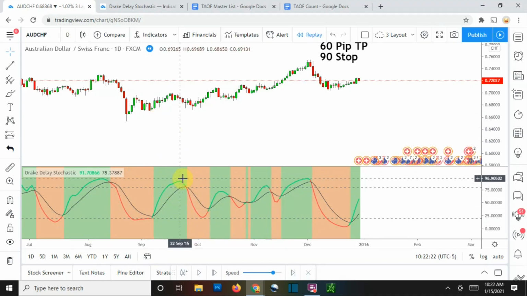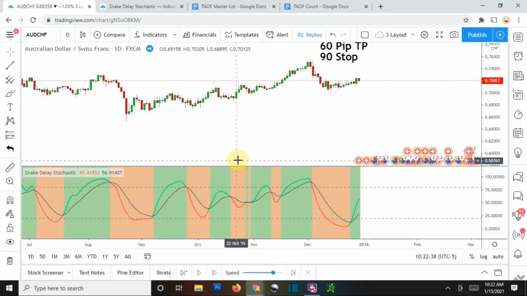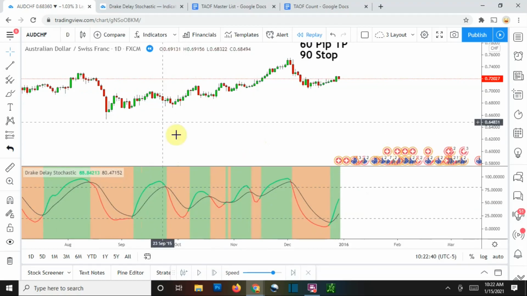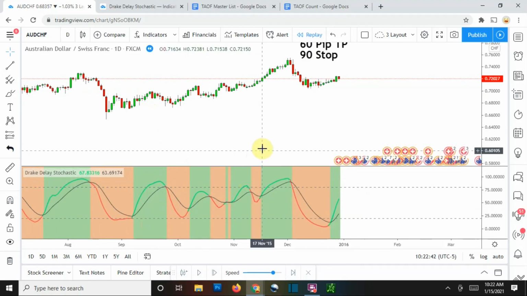So if we were to do it here on the upside, we would wait for the stochastic to go all the way up into this overbought area here, and then we would wait for it to turn red in a reversal to go short, to the downside.